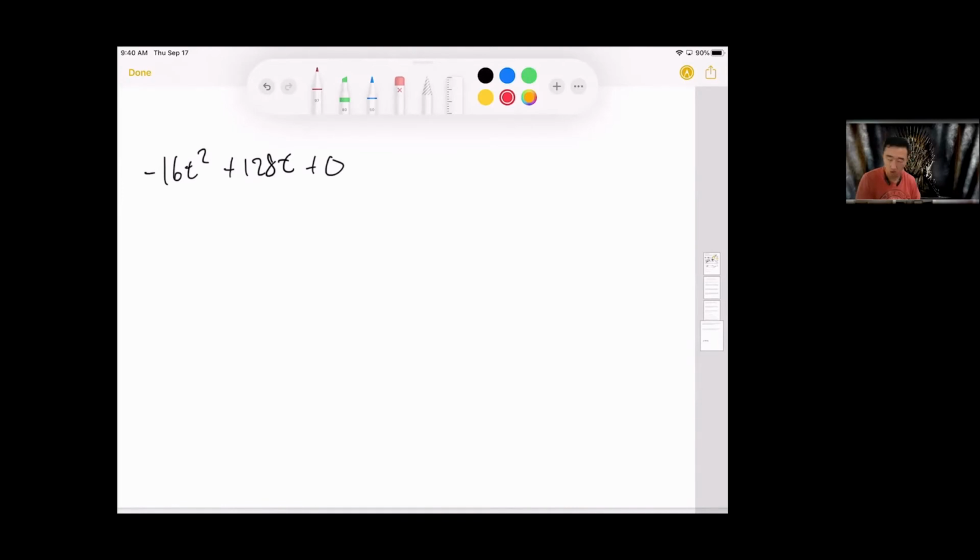And remember what I told you to do every time before you start? Divide, or try and factor it. Does 128 divide into 16? Yeah, 8. So that's negative t squared plus 8t plus 0.